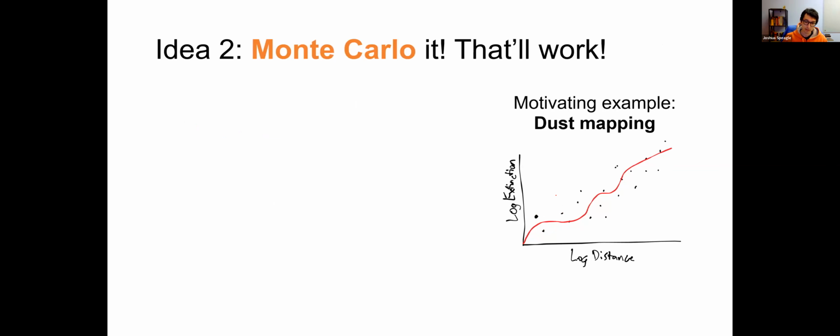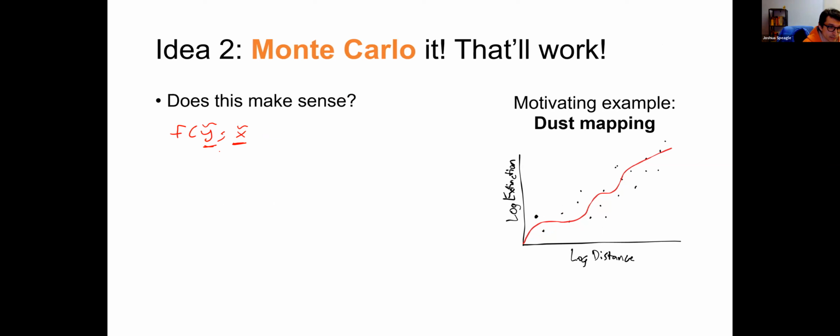So the second option I want to highlight is that often in astronomy, we say, let's Monte Carlo it. So instead, I'm going to train some model, f of y tilde given x tilde, where these are noisy measurements of the data. And then I'm going to draw a bunch of realizations, which I'll call x tilde prime, from my noise model, which maybe looks something like this.